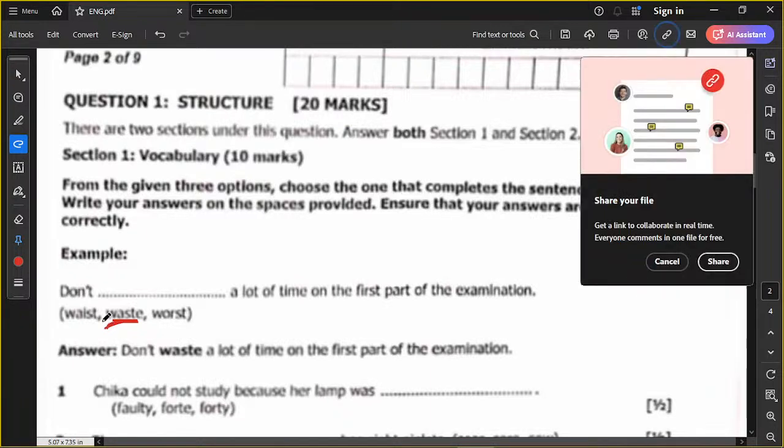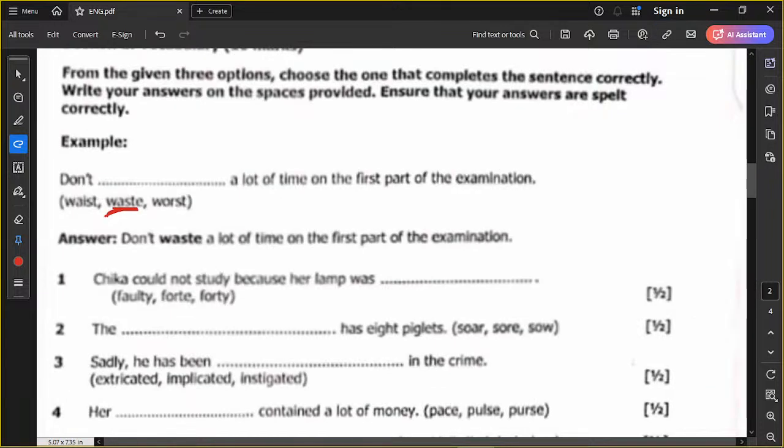We got question 1. Chika could not study because her lamp was dash. There are three options that were given. When you read these words, they sound the same. Their pronunciation is similar. So what is the difference? The difference is in meanings.